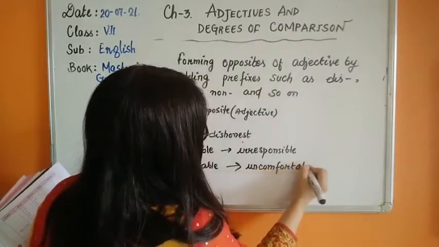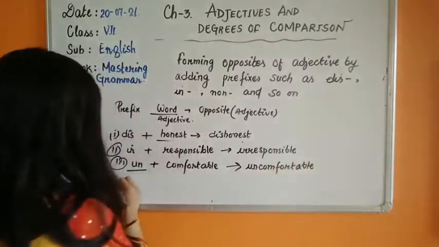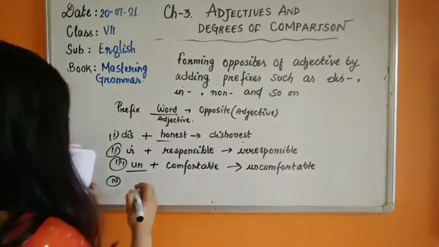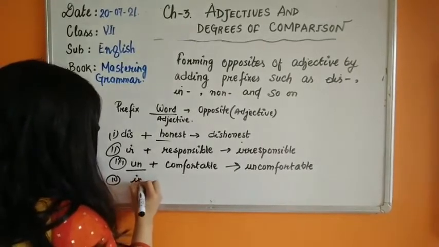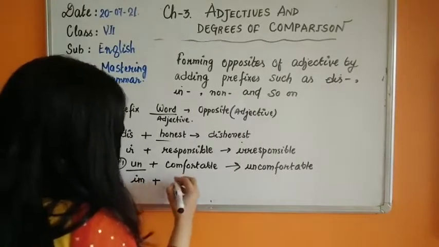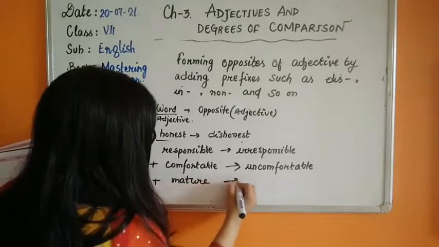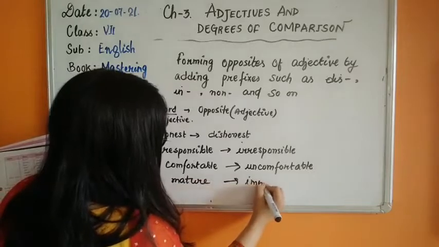Now number 4. Next is im. Im also can be added, like mature becomes immature.